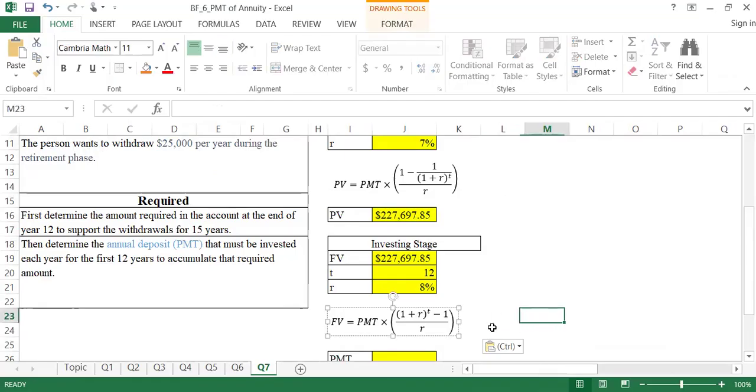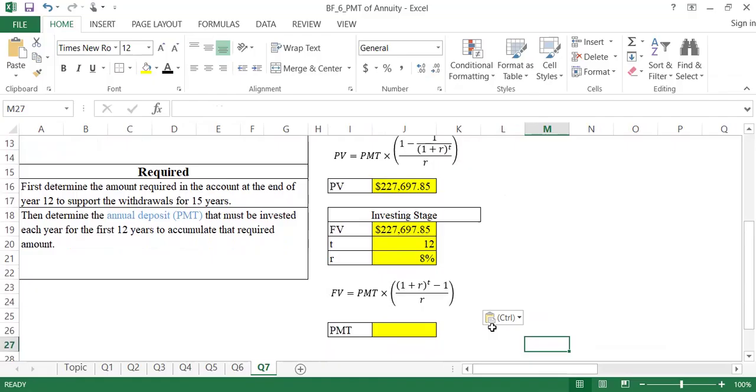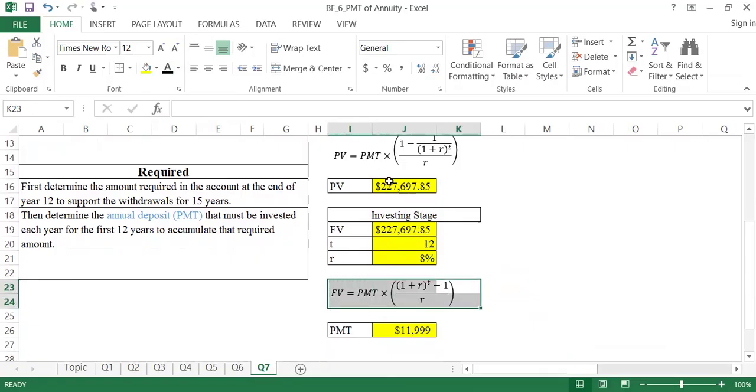So using this FV formula, FV is equal to PMT times (1 plus R) to the power T minus 1, over R, with R of 8% and T of 12. We find the PMT to be 11,999. If you invest this amount of money every year for 12 years, you can withdraw 25,000 for 15 years.